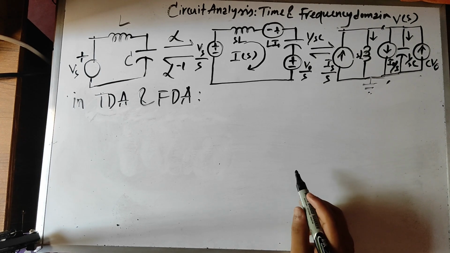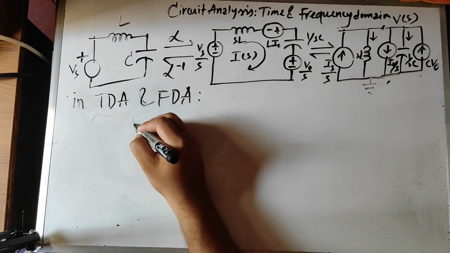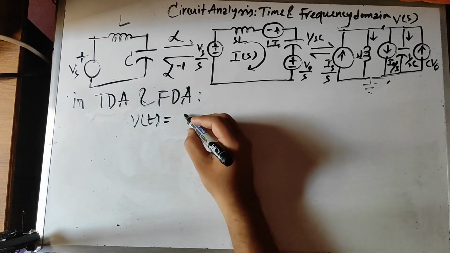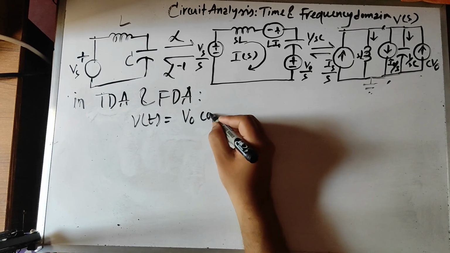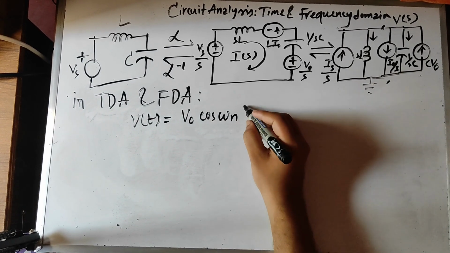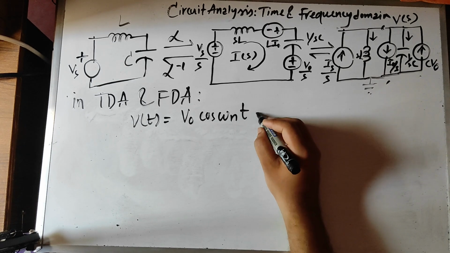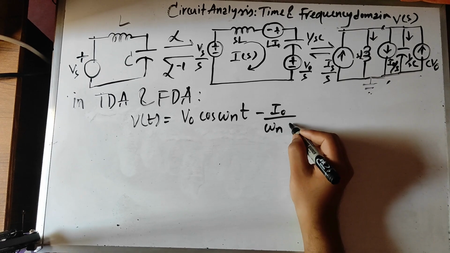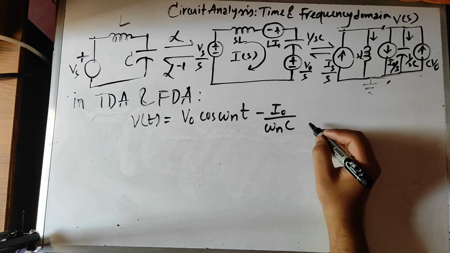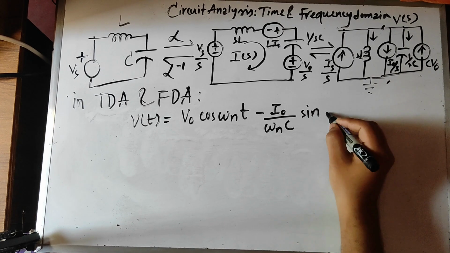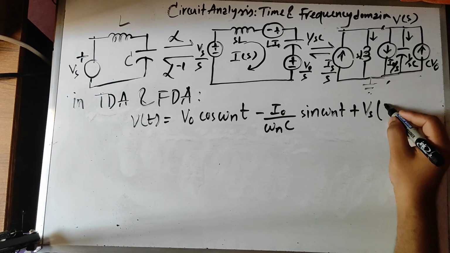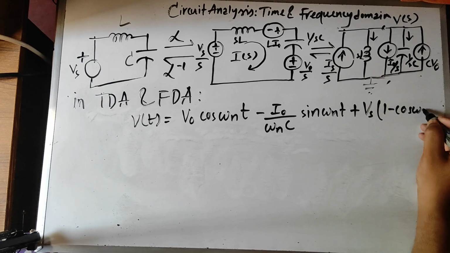The main response is the voltage, which is V(t) equals Vo cos omega n t minus Io by omega n C sine omega n t plus Vs times (1 minus cos omega n t).